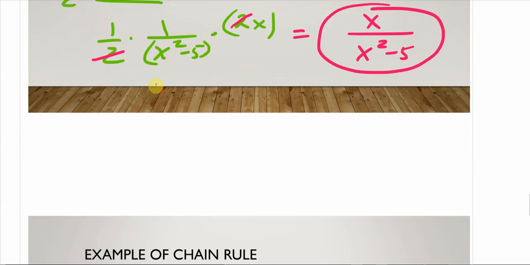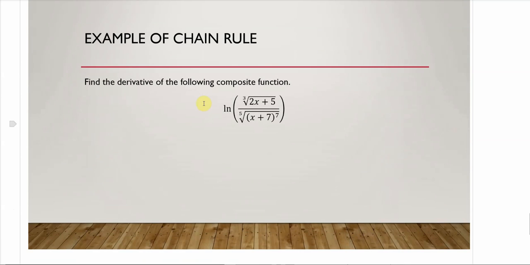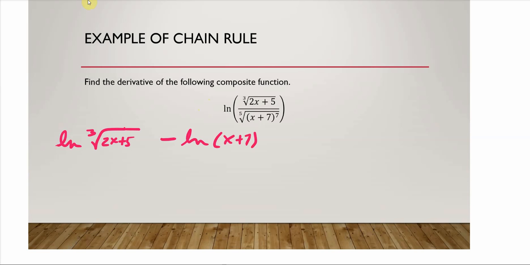All right, let's try another one. Let's combine some rules here. In this problem, if you notice, there's a division and there's a radical, so I'm going to be using property number 2 and property number 3. So I'm going to rewrite this as ln of the cube root of 2x plus 5. It's not plus, it's supposed to be a minus, so it's going to be minus the ln of x plus 7 to the 7/5.